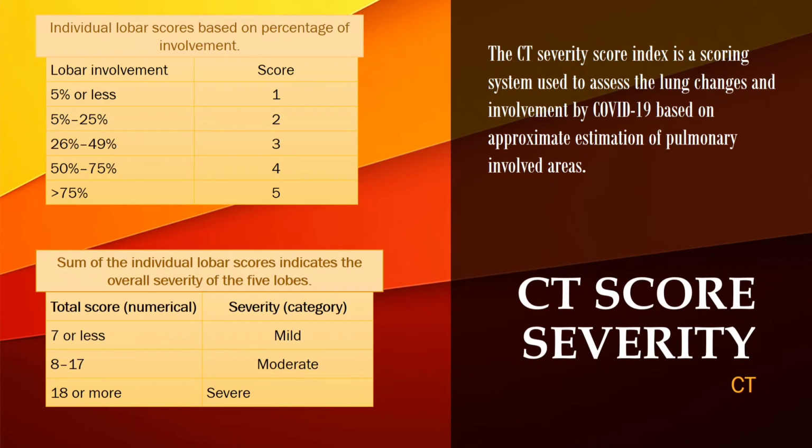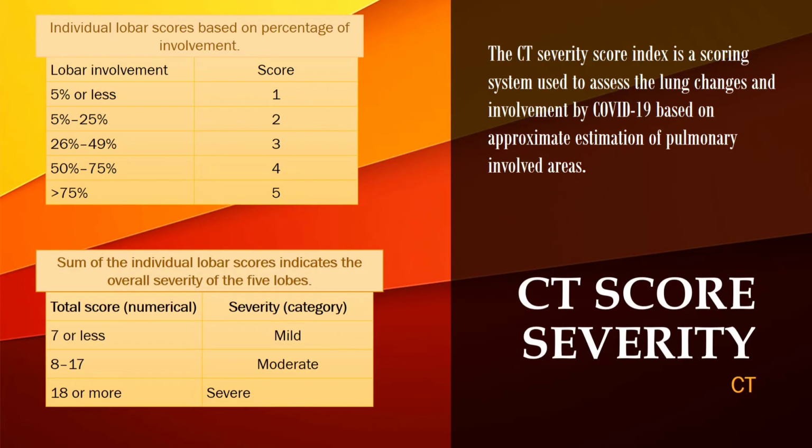That is the first tabular column that is given. Then the final score will be the summation of individual lobar scores and will be out of 25, that is the total score. The total lung involvement is then obtained by multiplying the total score 4 times. So that is the second tabular column.